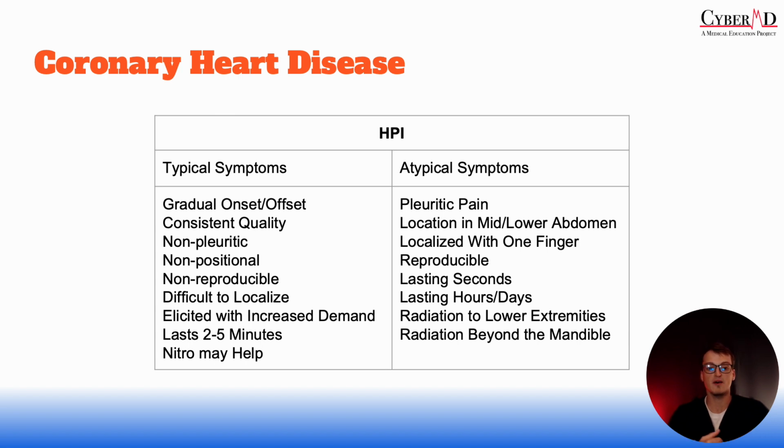These are going to be females, diabetics, and the elderly population. So keep in mind that those three populations may have more atypical symptoms as part of their presentation, and you shouldn't rule out coronary heart disease or some sort of acute coronary syndrome, which we'll discuss later, just because the symptoms aren't typical.